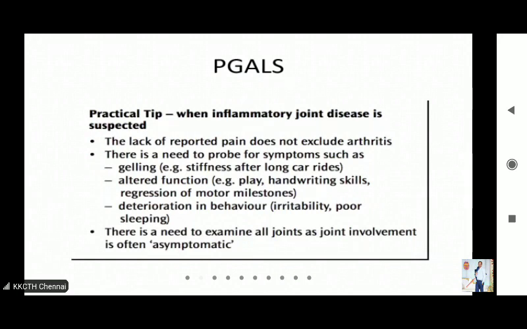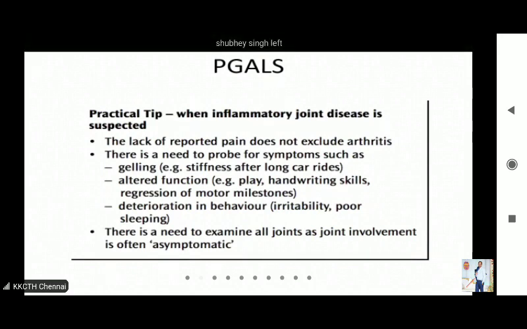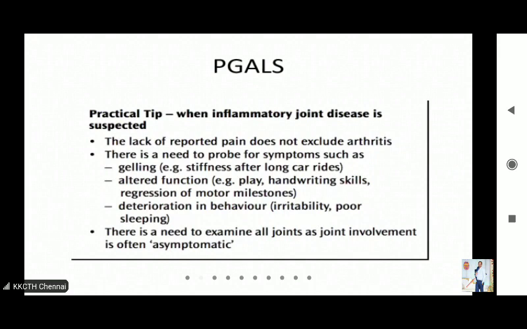For example, a child who was previously able to walk, who's now not able to walk, but still not complaining of pain. A toddler who's been playing and running around is refusing to walk in the morning, wants to be picked up. And then after some time, when the early morning stiffness settles down, the child is happily walking around. These are all symptoms that point towards a possible inflammatory joint disease.